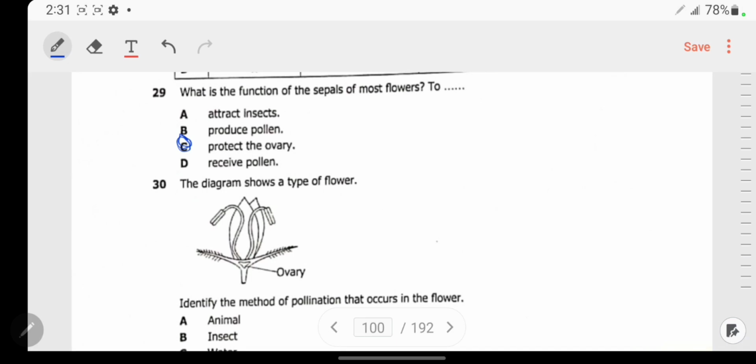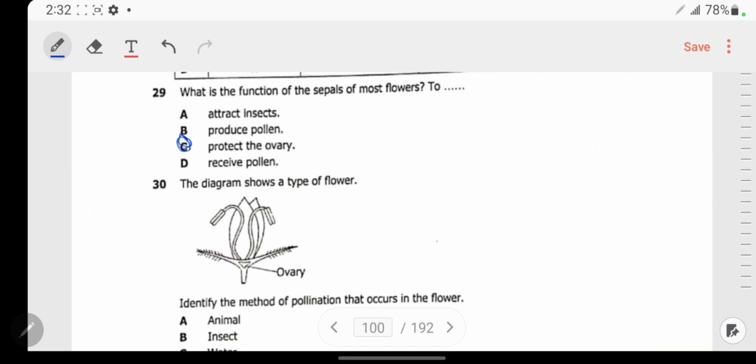Question 30. The diagram shows a type of flower. So we have the ovary, we have the anthers, then the stigma is lying outside. Identify the method of pollination that occurs in the flower.